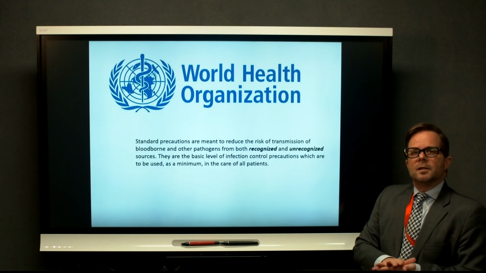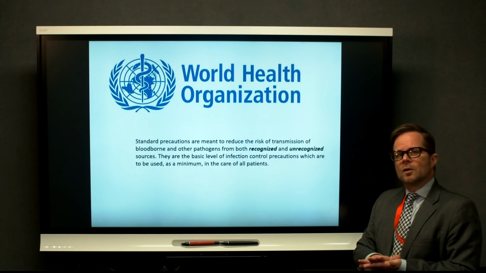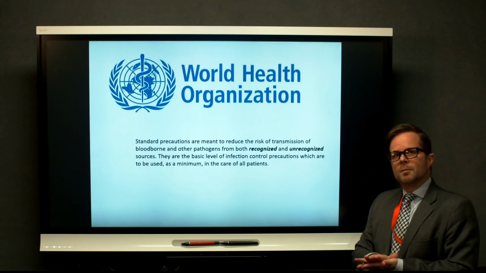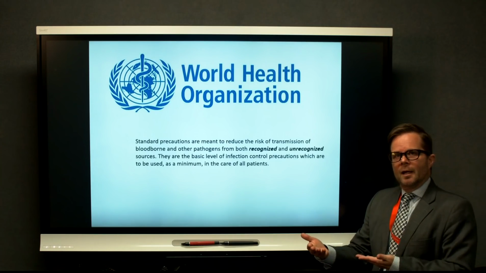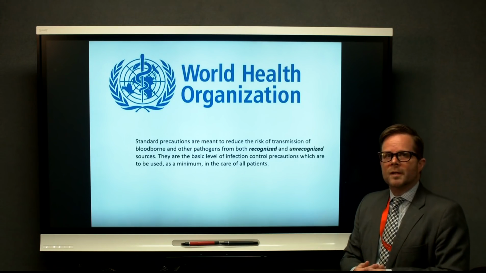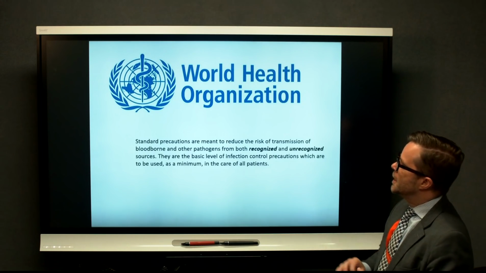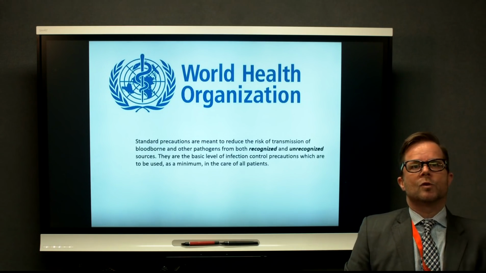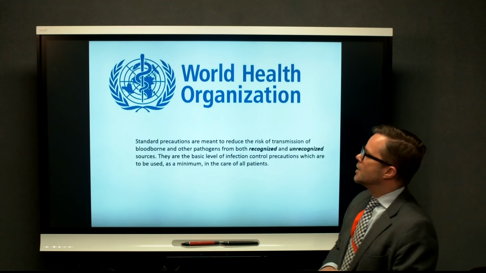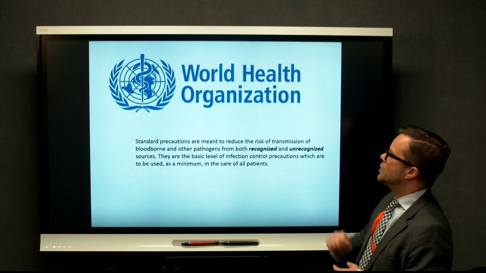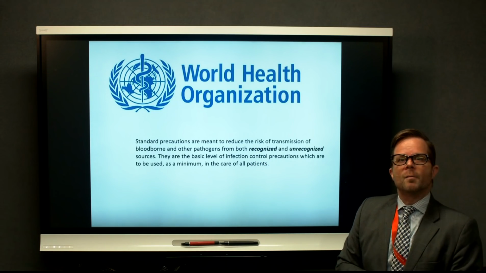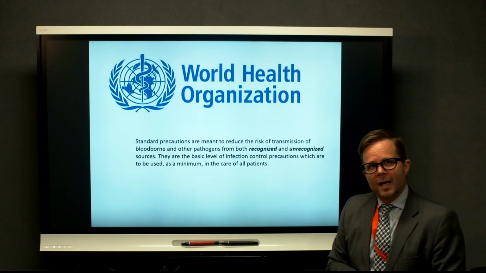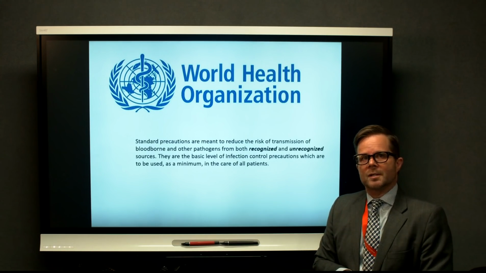So, touching on this concept of standard precautions and how important they are, the World Health Organization has defined standard precautions as those things we do that reduce the risk of transmission of bloodborne and other pathogens from both recognised and unrecognised sources.